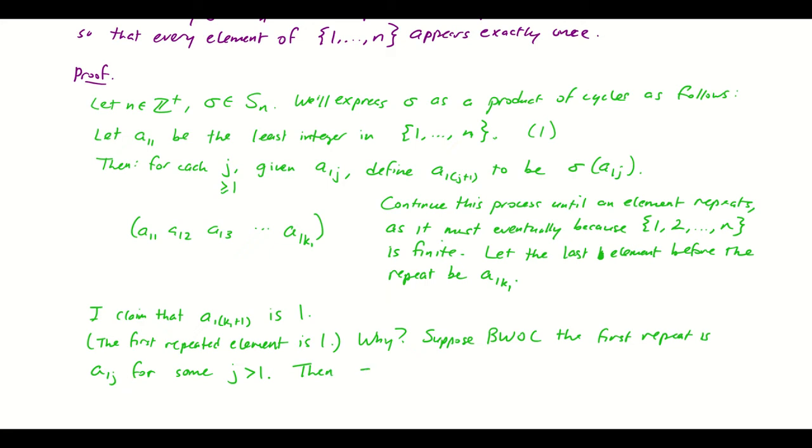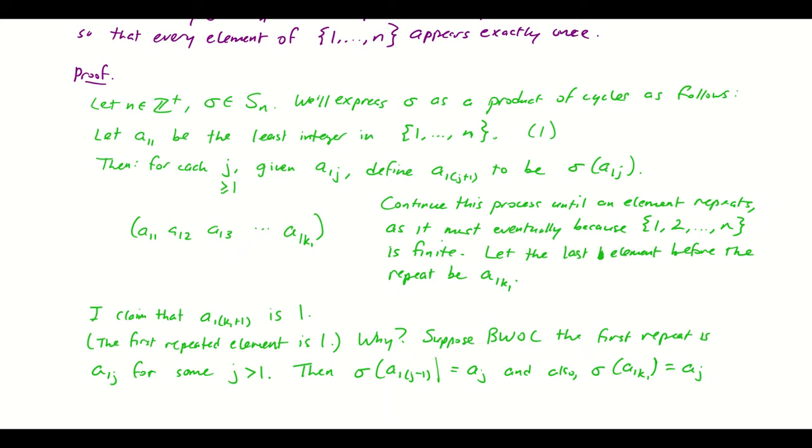Then we know that sigma of a1 j minus 1 is a sub j, and also sigma of a1 k1 is a sub j, because that's the number that gets sent to the first repeat.